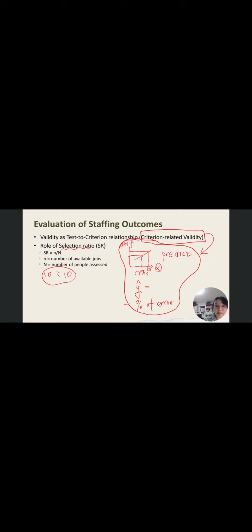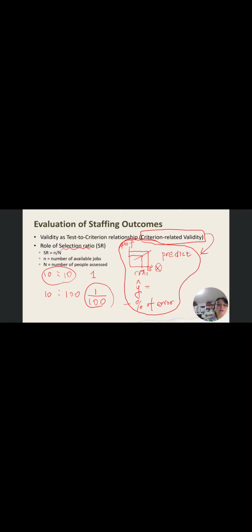There's no selection, so the selection ratio will be 1 in this case. But if the number of available jobs is 10 and 100 people apply, the selection ratio is 1 to 10.